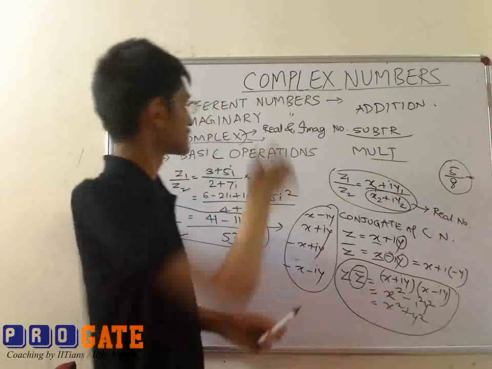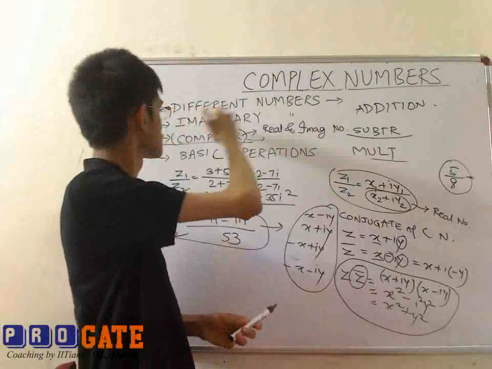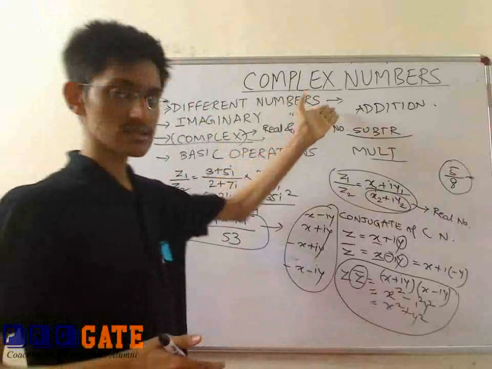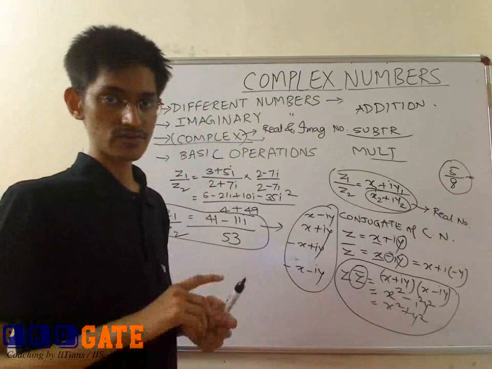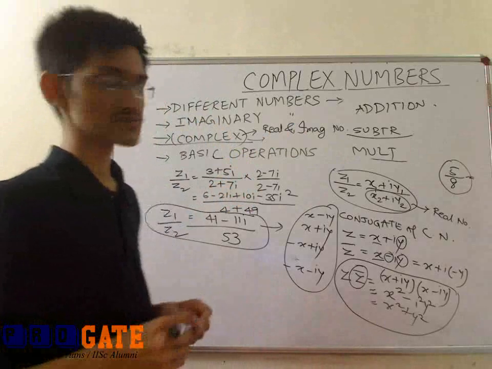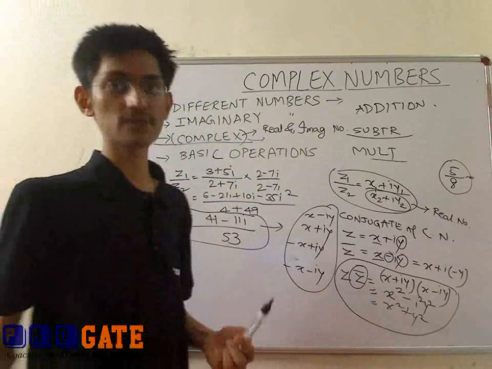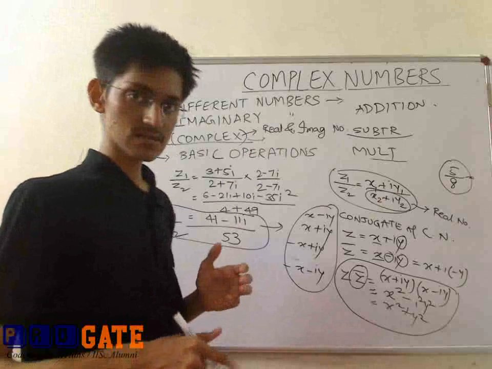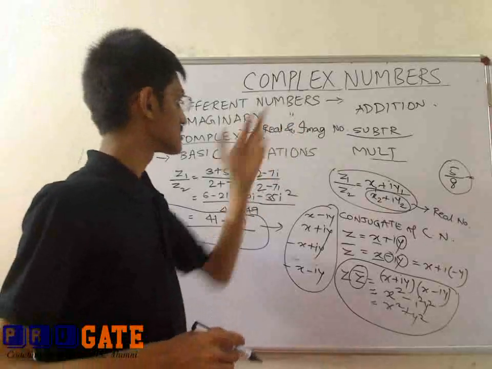So let's revise the different numbers which you have encountered. What do you mean by an imaginary number? It's nothing but the square root of a negative number. The unit imaginary number is i, which is denoted as the square root of minus 1. Then you can calculate the different powers of i: i square, i cube, and so on. Complex numbers, what are those?